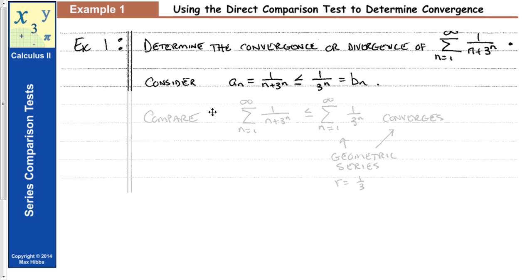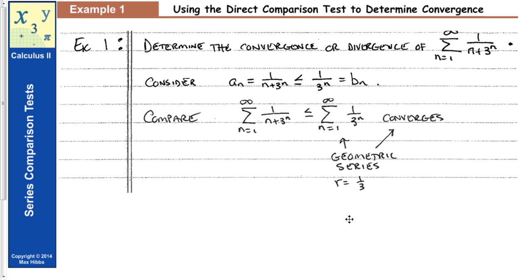Well, what good is that? Well, here's what good it is. The series that I started with is less than or equal to this series, because these terms are less than or equal to these terms. But this is a geometric series where r is 1/3. And we've seen these ideas.